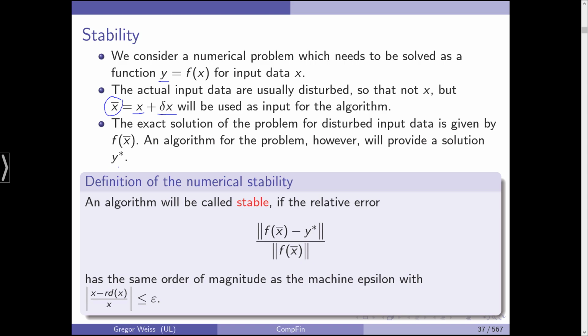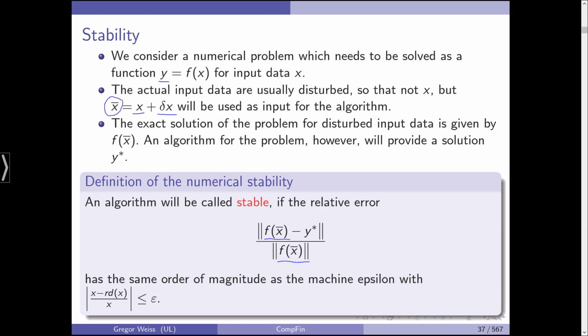So when is an algorithm stable? We will call an algorithm stable if the relative error, this is the output we are expecting, given that we are using disturbed data, f of x bar, minus the actual output. We take the norm of this difference, so basically an error metric, relative to what we were expecting, given that the input data is disturbed.